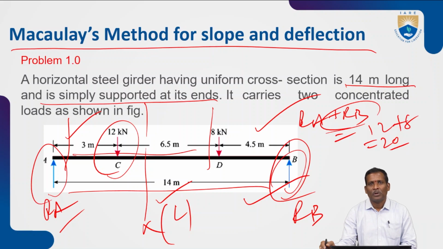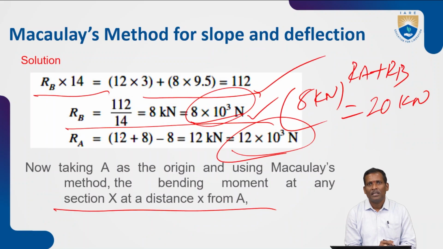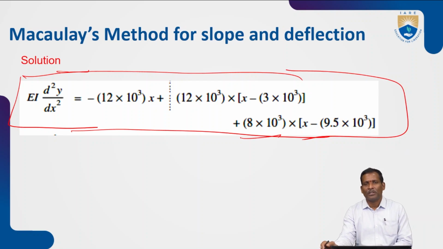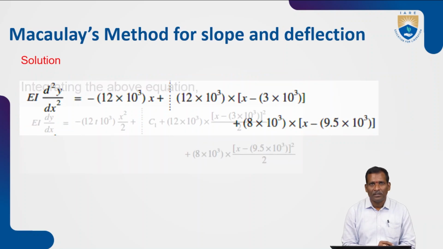Here, 12 kilonewtons is the load; take any section between A and C, 12 kilonewtons multiplied with x, and then x minus 3, and plus 8 kilonewtons. The values of RA and RB are calculated, so substitute them in this equation.